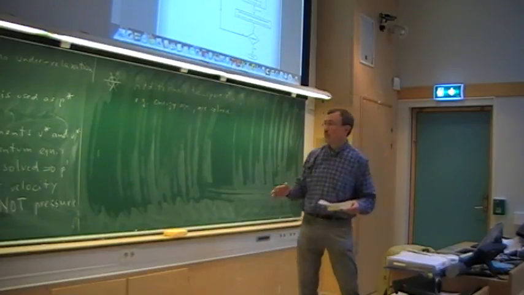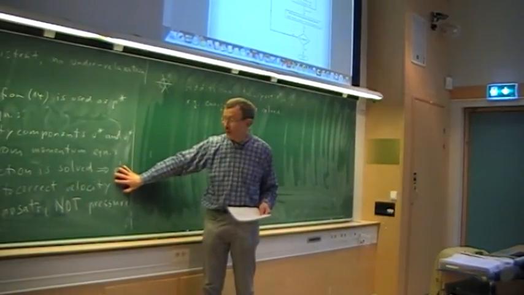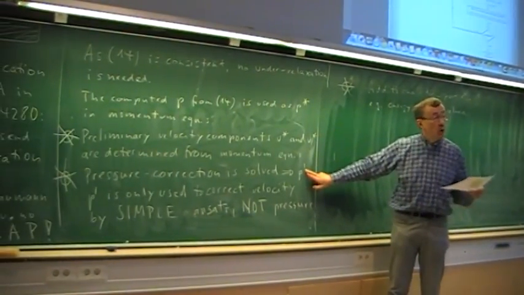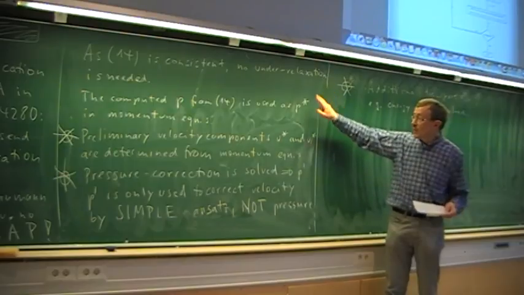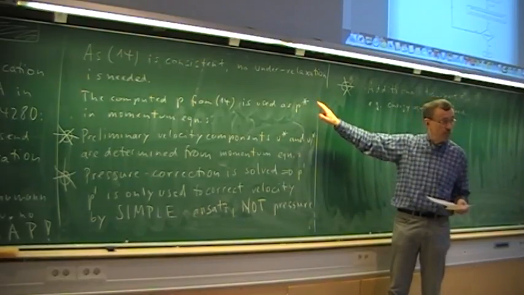These parts are the same as for SIMPLE. The difference is that with the p prime, the pressure is not corrected, but instead we take the pressure that we have determined with the pressure equation. That is the difference.